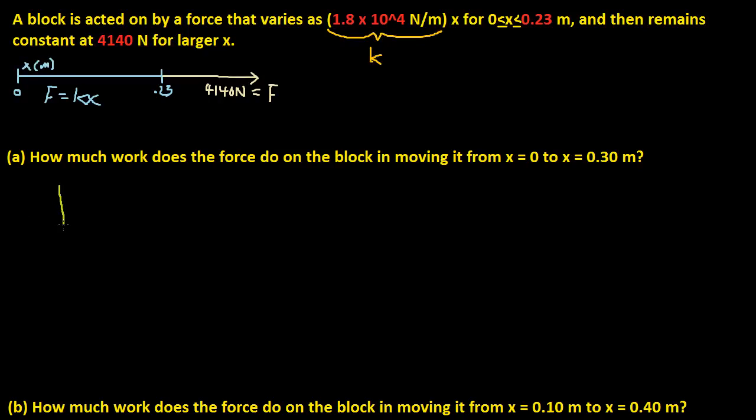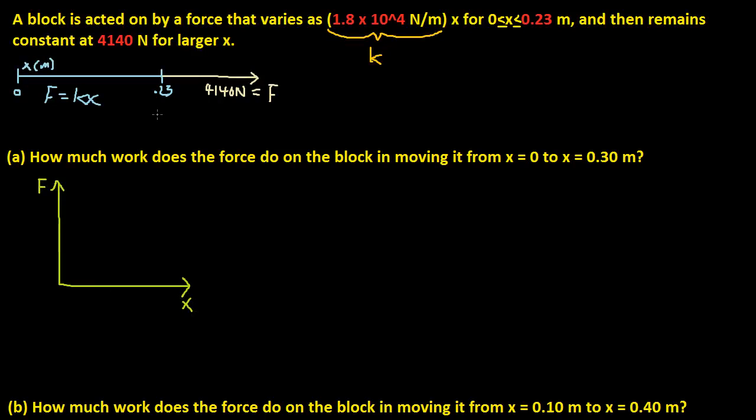So we have our nice little straight graph here. The y-axis is going to represent force, and the x-axis is going to represent distance. This is in meters and this is in newtons.